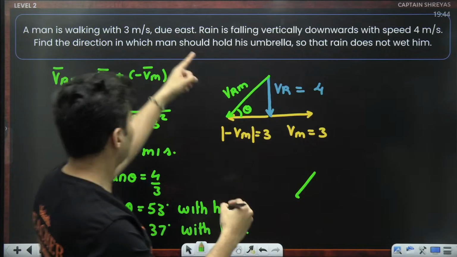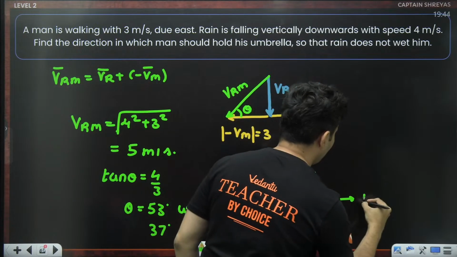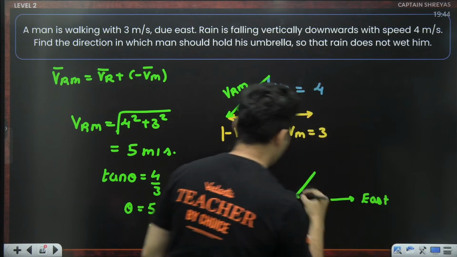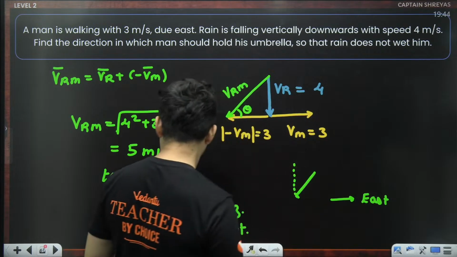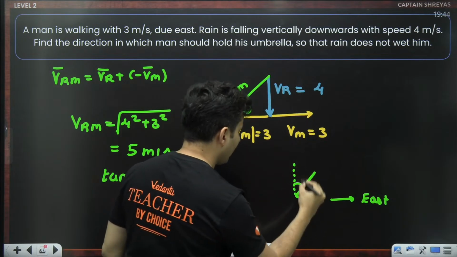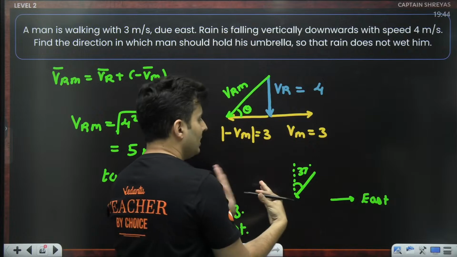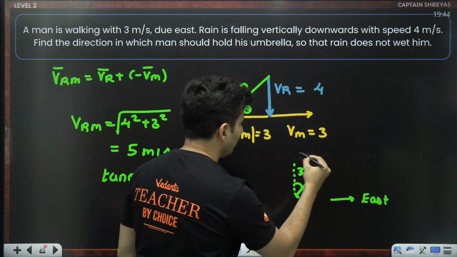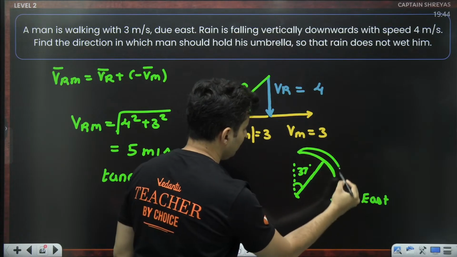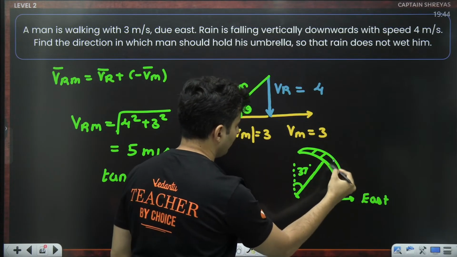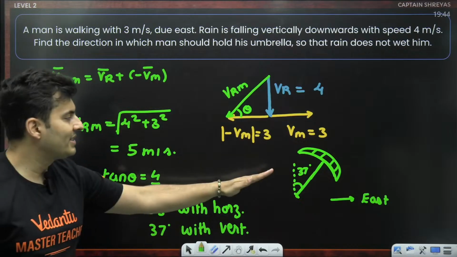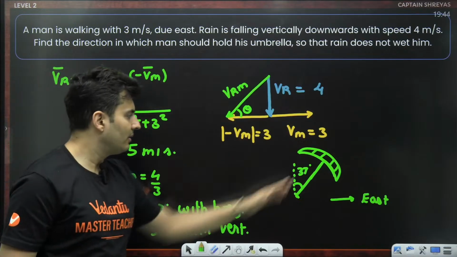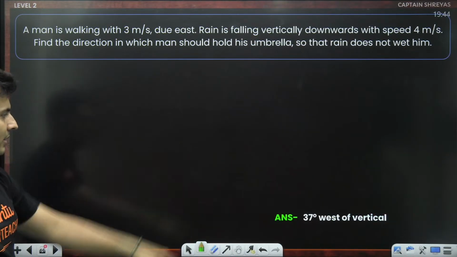And which direction is he going? He's going towards the east, right? This will be the east. So if you measure it with the vertical, this angle will be 37 degrees, assuming this is the stick of the umbrella. Towards east, 37 degrees with the vertical towards the east.